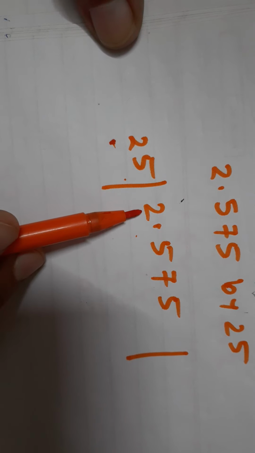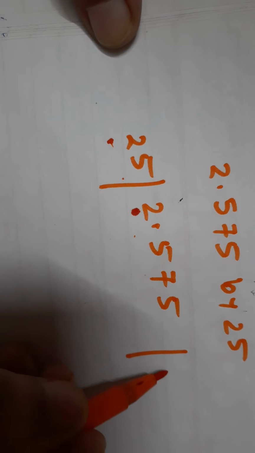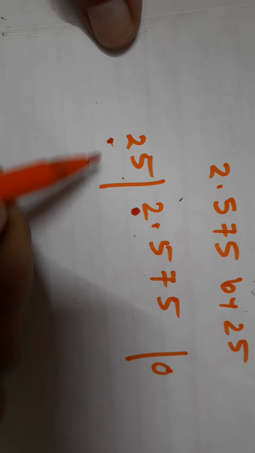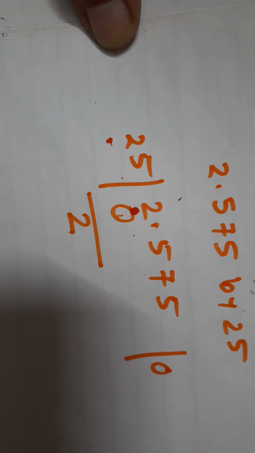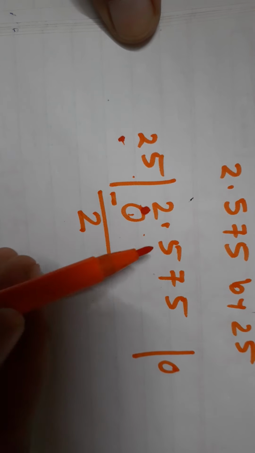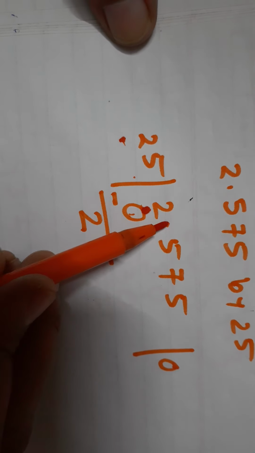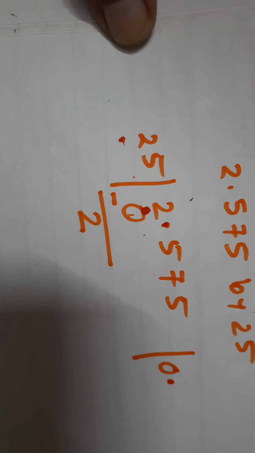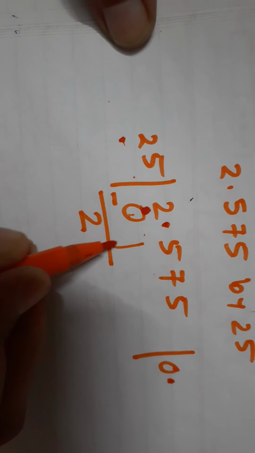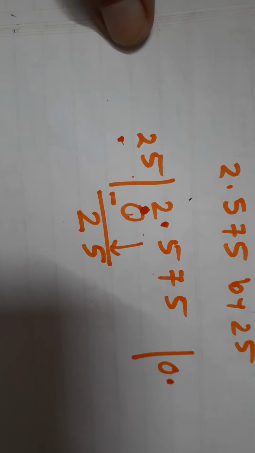So we cannot use anything except zero. That means 25 zeros are 0 we will get. So this 2 will come down after subtraction. Now this decimal point will shift from here to the quotient. When the decimal point shifts to the quotient, this 5 will come down and sit here.